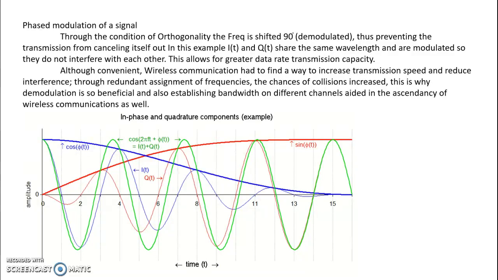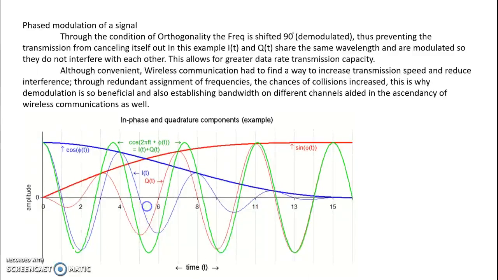So the blue line represents IT and the red line represents QT. And as you can see, the wavelengths are similar in nature, but they are shifted just slightly so that they do not interfere with each other.